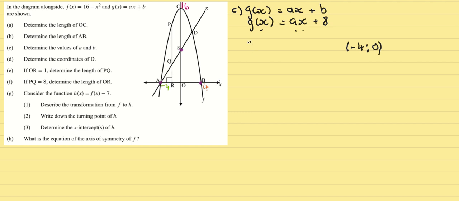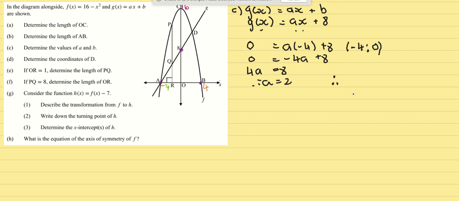So when y is 0, the x value is equal to negative 4. From here we just have to solve for a. So 0 is equal to negative 4a plus 8. Variables on the left, 4a is equal to 8, which means that a is equal to 2. So at this point, my equation for g is g equal to 2x plus 8.